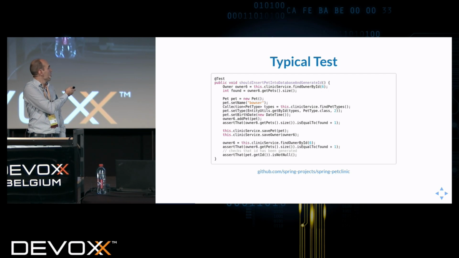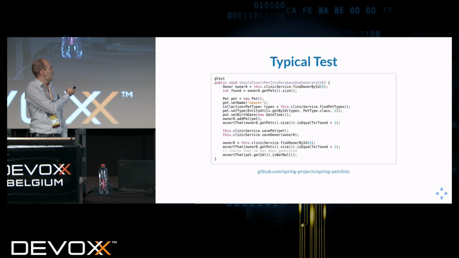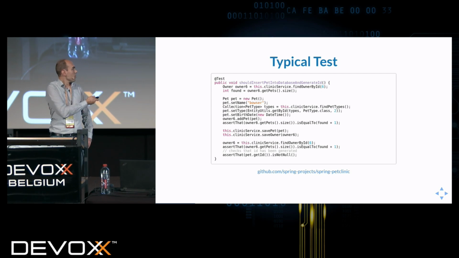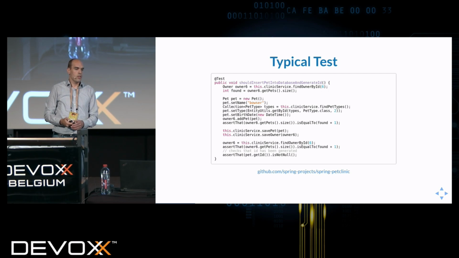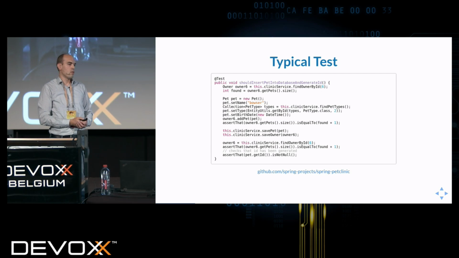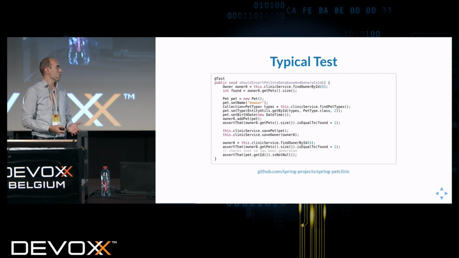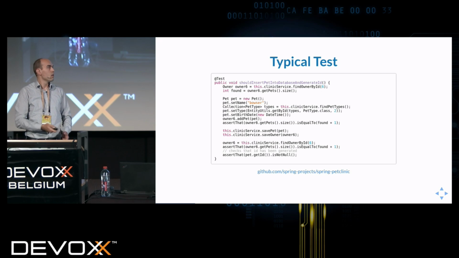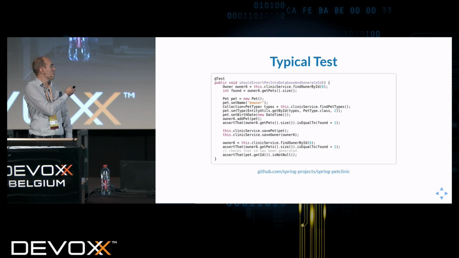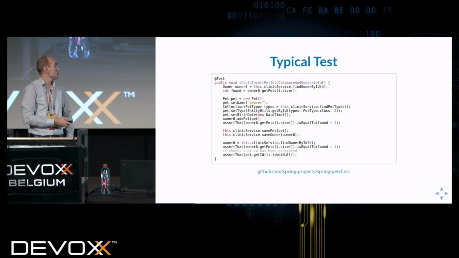We set the birth date, then we add the pet to the owner, and afterwards we check that the number of pets has increased by 1. We save everything and check it again afterwards. So what are the problems with this test? The first thing is that the test contains a lot of irrelevant details which are not relevant for the test, because the name of the pet, for example, is not necessary in this case.